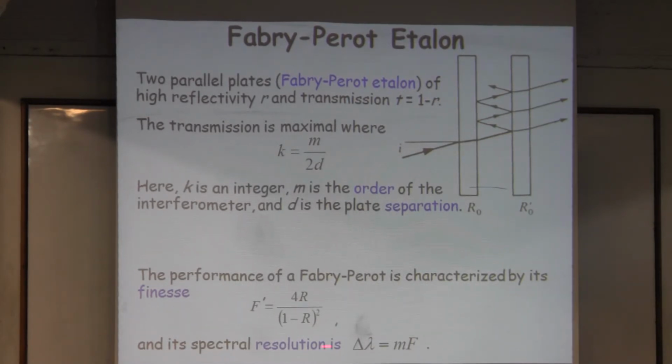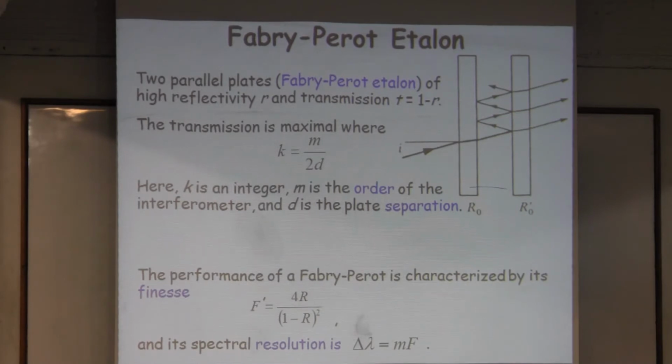And then the spectral resolution, essentially the width of the line. Remember this plot here. The spectral resolution of the Fabry-Perot is given again by the order that it's operated in times this term. Of course, high reflection means that you have to polish it very, very precisely. If you take quantum mechanics classes somewhere at the university, you can start discussing with your professor how the Fabry-Perot works, because classically it's not so easy to understand.